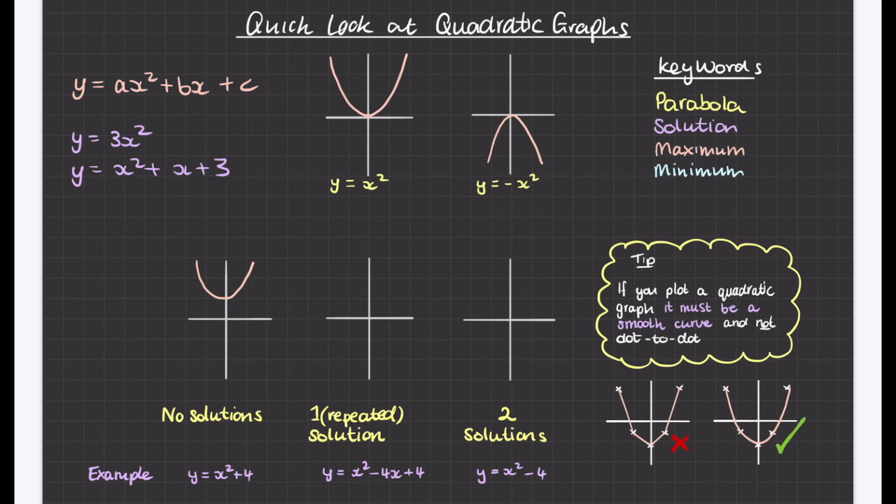So it could just touch the x-axis, and so here there's only one point where y is equal to 0, so it's got one solution. And I could have two solutions, so I could have a graph like this, and we can see there that when y is equal to 0, there's 2 points where y equals 0, so that has two solutions.